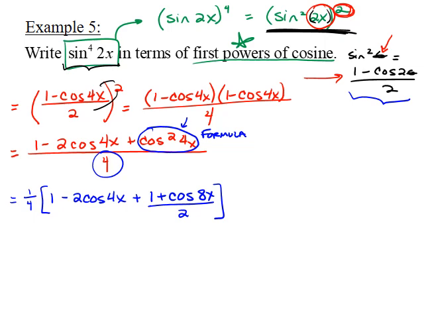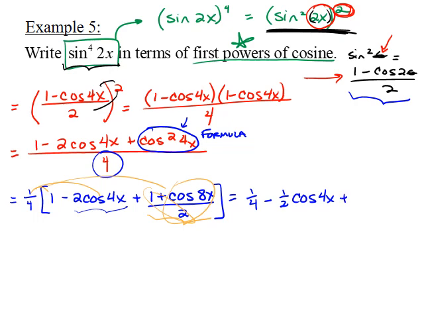So now I'm going to distribute this 1/4 to everything. And I'm also going to take this out of the fraction using the Hart method. So I get 1/4 minus 1/4 times this term is 2/4 or a half cosine of 4x. Remember, you don't touch the argument.